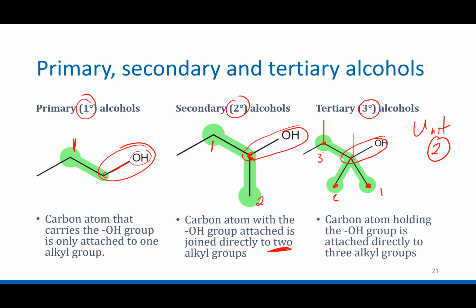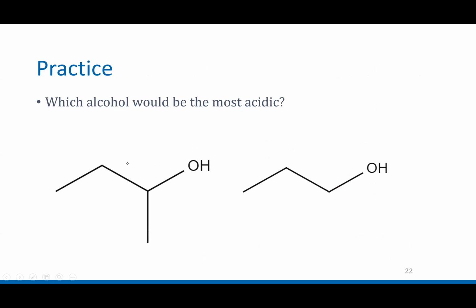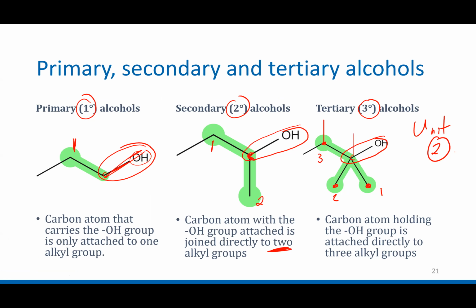So primary alcohols are attached to one other carbon, secondary to 2 other carbons, and tertiary to 3 others. Now remember, when I say alcohols, I am including the carbon it's bonded to.